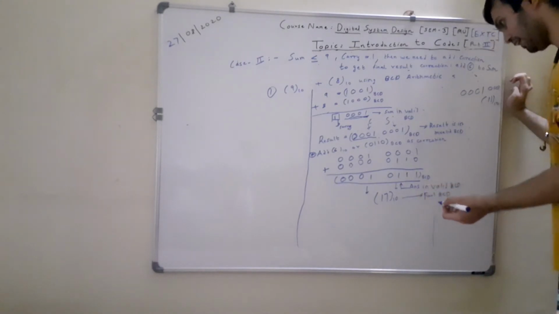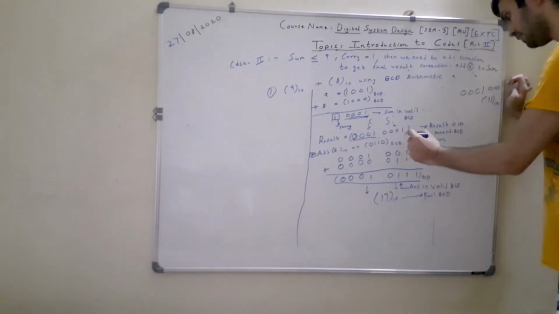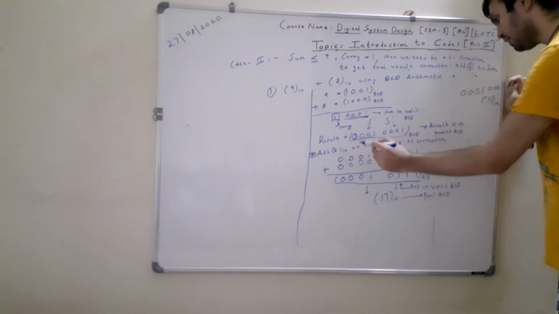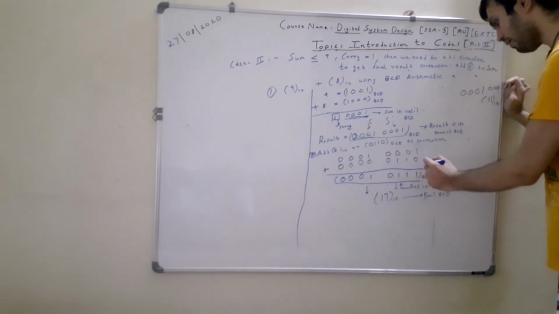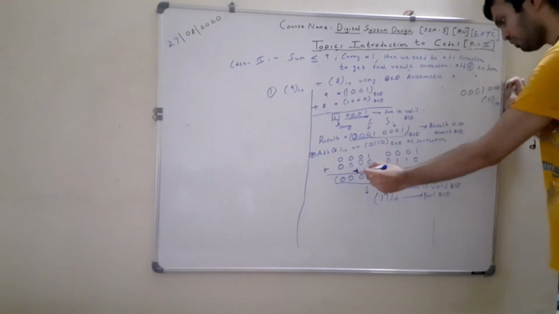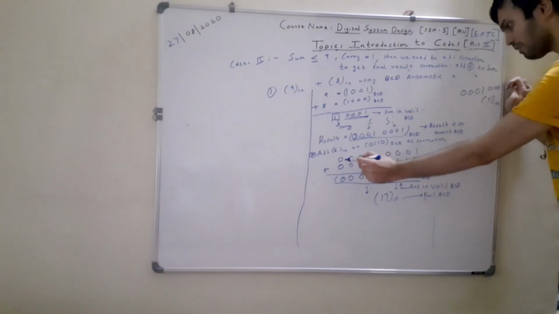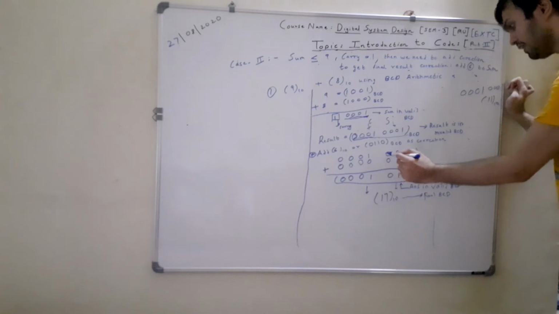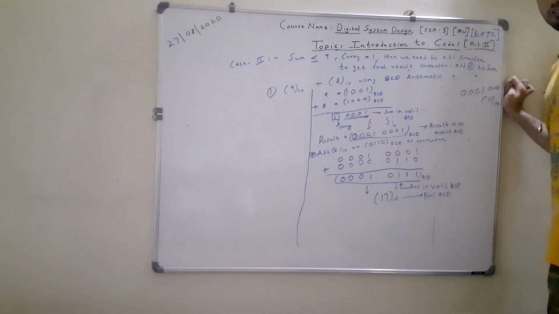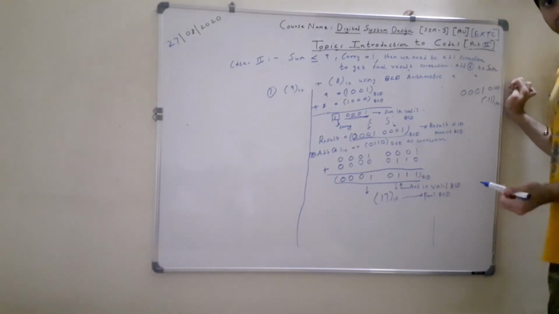Now look over here. This is in invalid BCD form, so we need to add correction to the result. So we added 6 to the result. This was our result, 0001 0001. Now you want to add BCD number 6 to it.